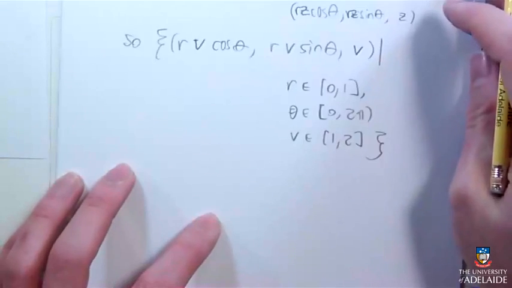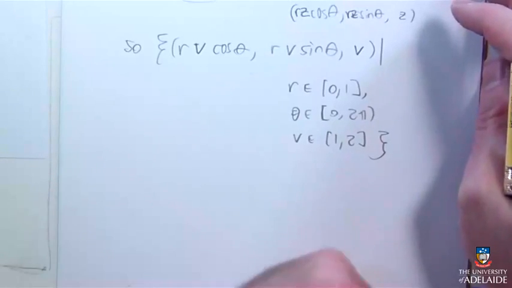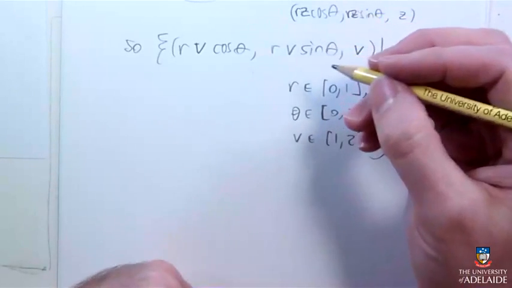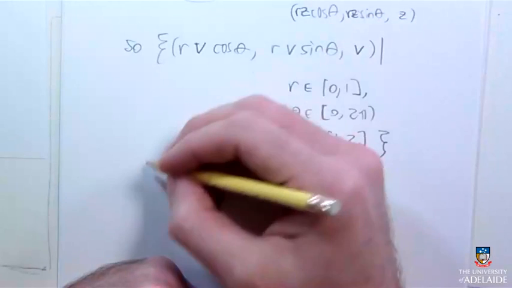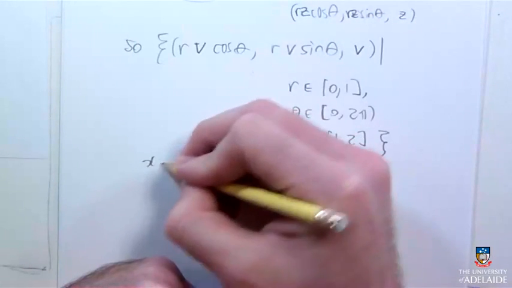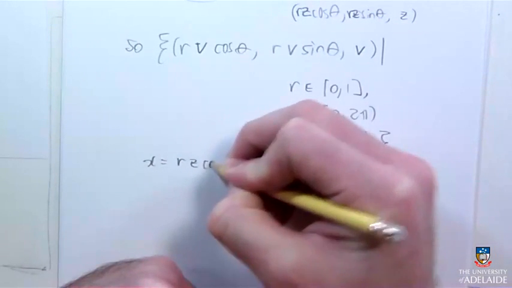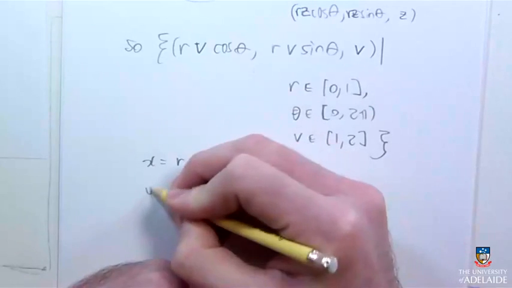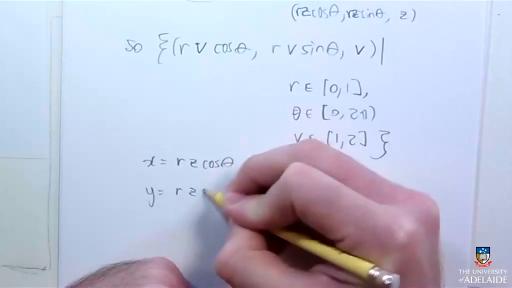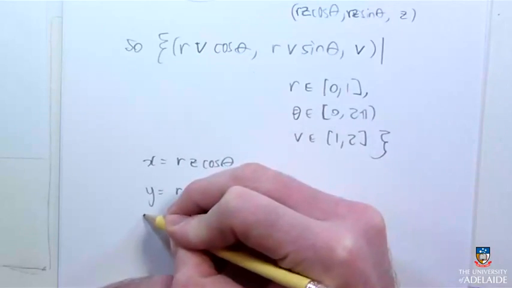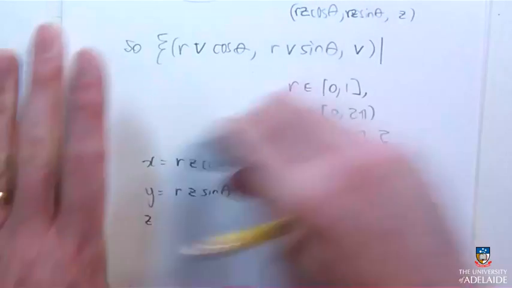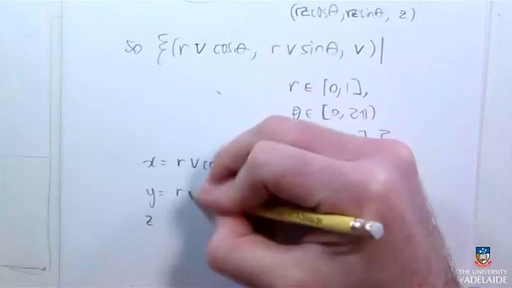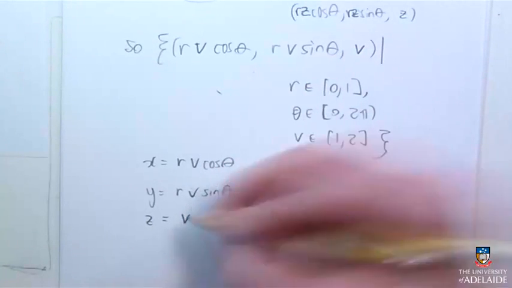All right, here we go. Okay, so let's see. My x coordinate was rz cos theta. My y coordinate was rz sine theta. And my z coordinate, v, was v.